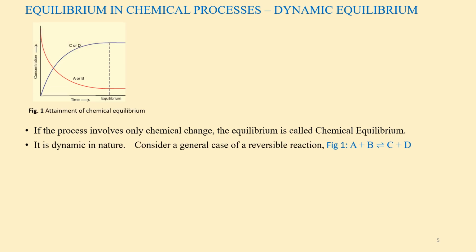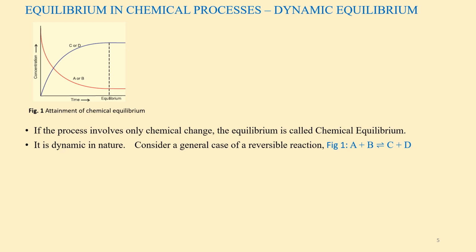Consider a dynamic reversible reaction shown in figure 1. Let A and B be the two reactants resulting in a forward reaction products C plus D, and in the reverse direction the products C plus D give the original reactants A plus B.